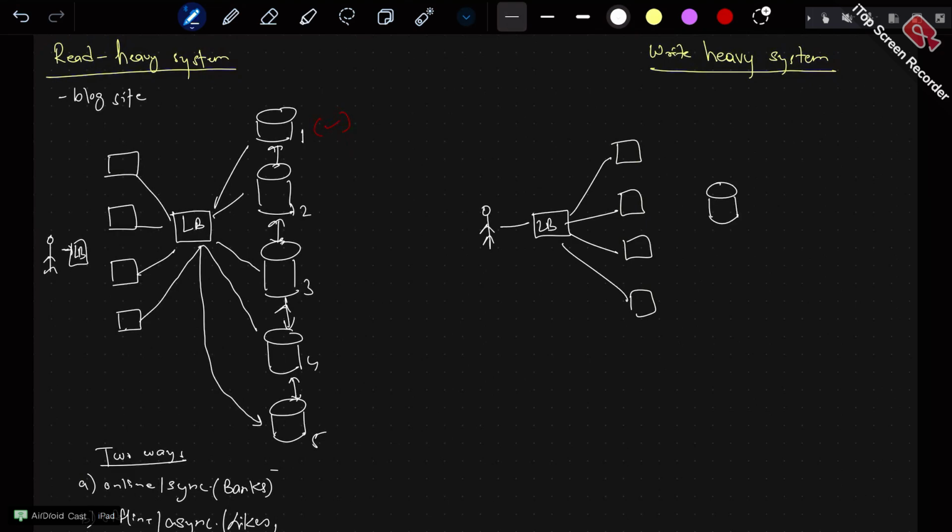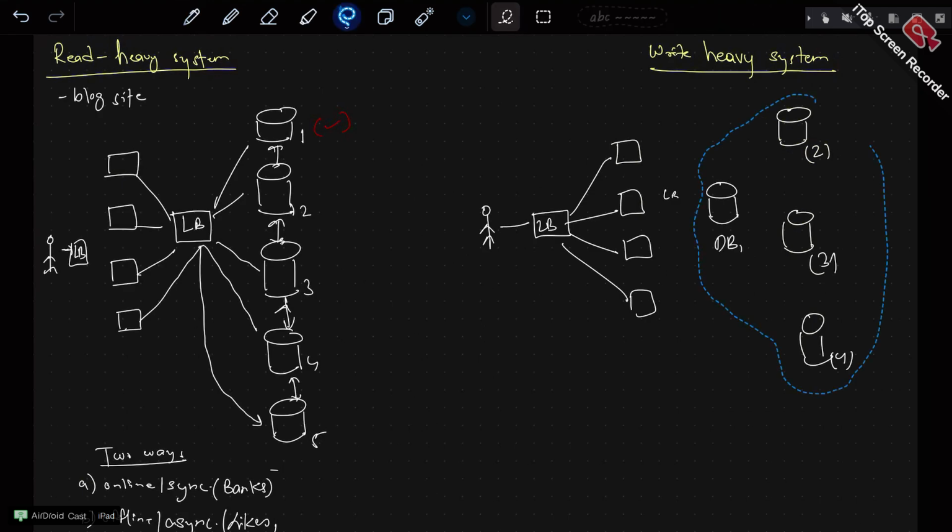Now in the case of a write heavy system, we segregate the database in such a way that this is database node 2, database node 3, database node 4. And there is another layer over here which is a load balancer.